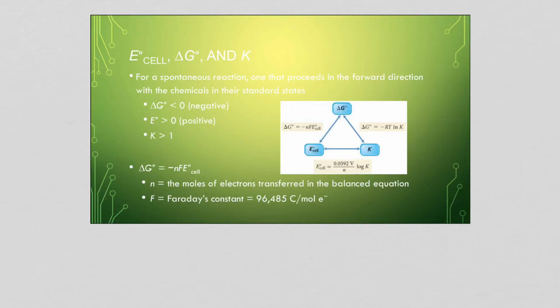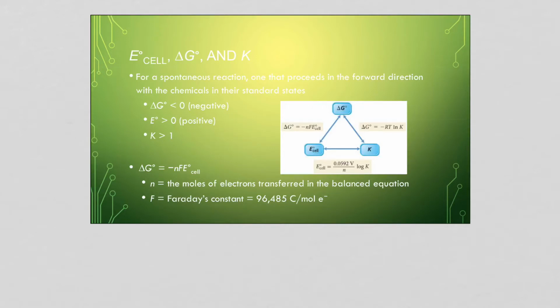Now, in Chapter 19, we determined that free energy change is the determinant of a spontaneous process, that a spontaneous process will have a negative change in free energy. So that was the way that we determined whether a reaction was spontaneous.